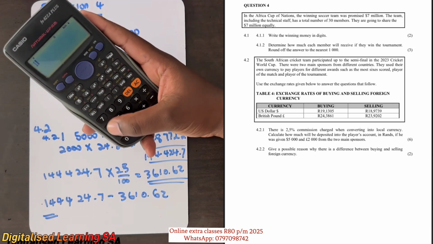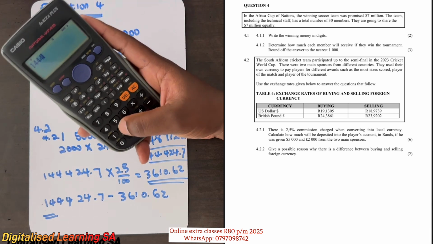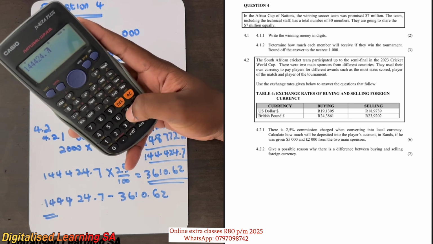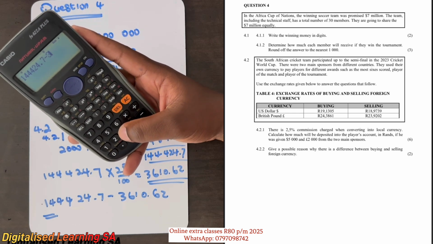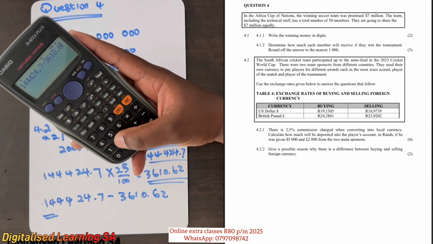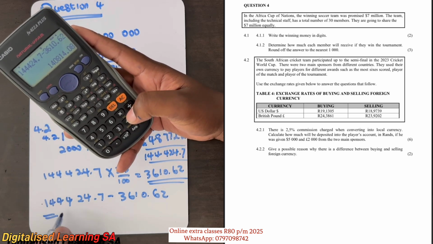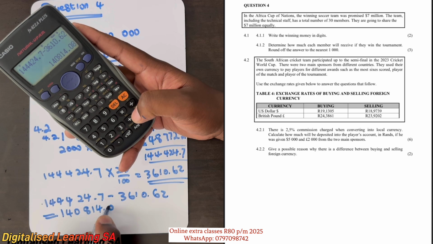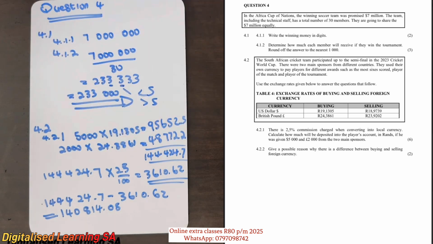So we need to come and say 144,424.7 minus 3,610.62, and the answer will be 148,104.08.